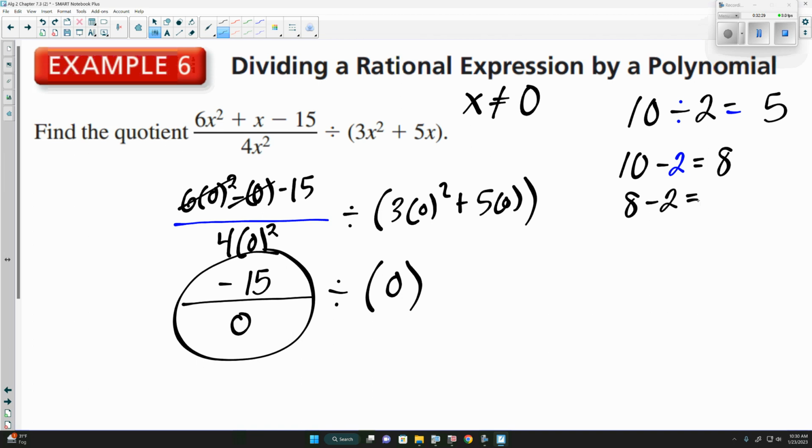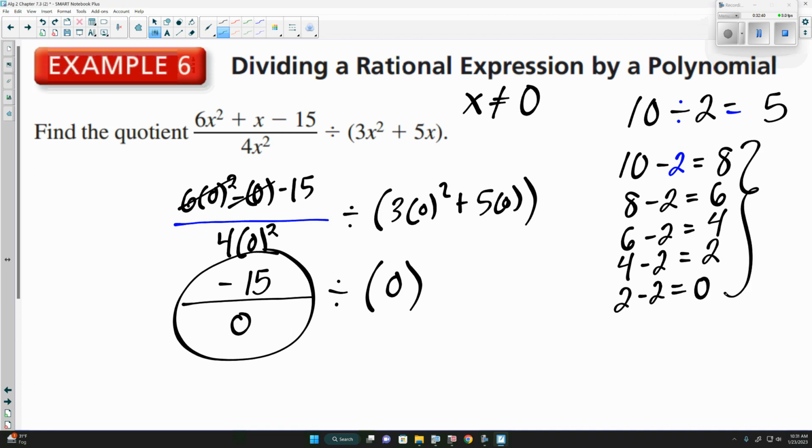If I do it again, 6, 4, 2, 0. How many times did we do it? 10 divided by 2 is 5. It's just glorified subtraction. That's what division is. It's saying how many groups of 2 can we take out of 10? 5.